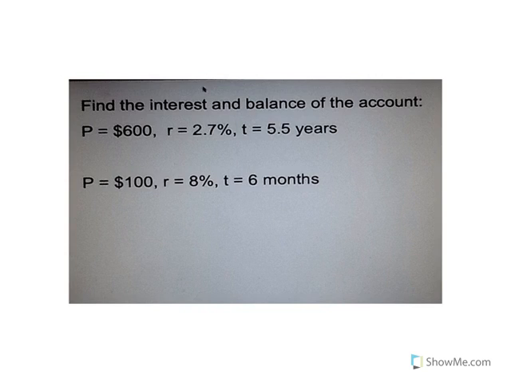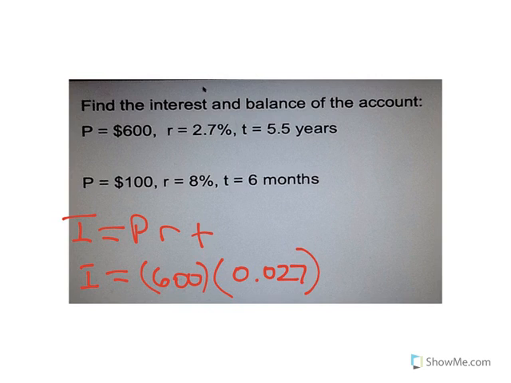Same sort of idea here. Find the interest and balance of the account. This is just going to be interest is equal to principal times rate times time. So the interest is going to be equal to 600 times 0.027 times 5.5.